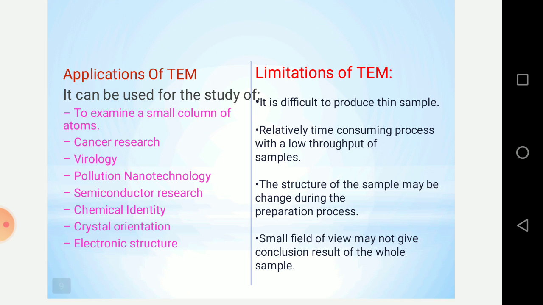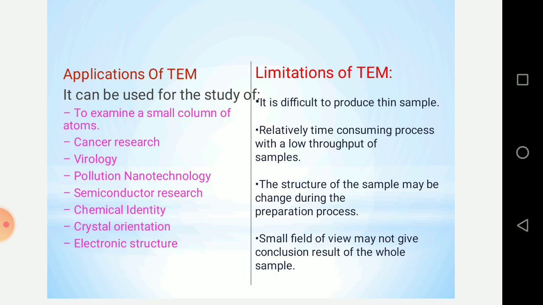Now coming to the applications and limitations of the transmission electron microscope. We will see the applications one by one. It can be used to examine small columns of atoms in a specimen.